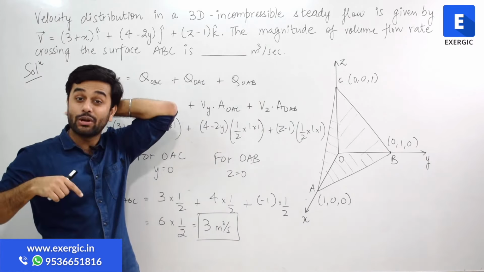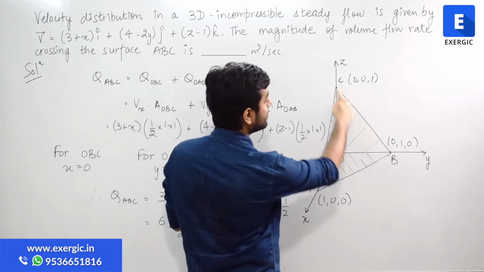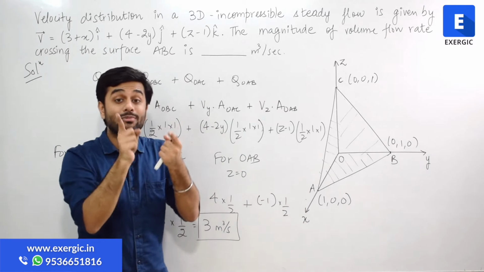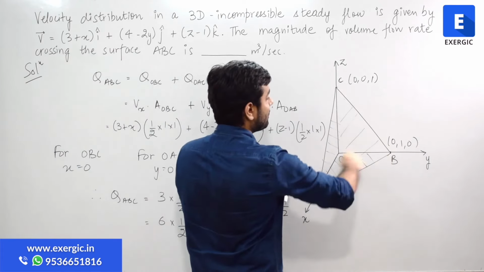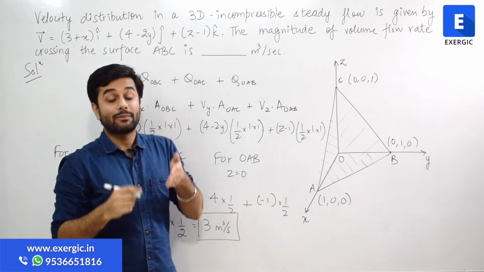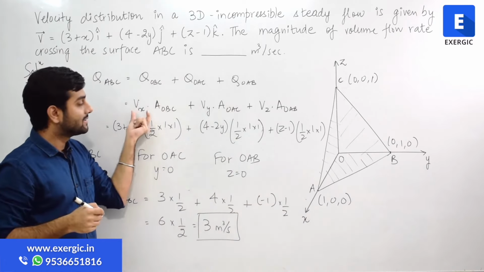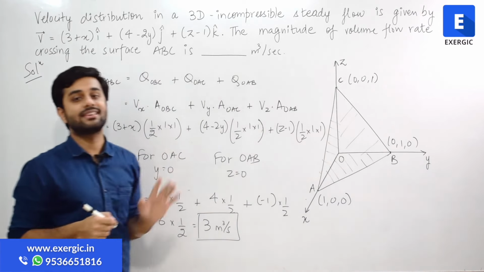And Q through OBC will be equal to the area of OBC multiplied by the velocity along X direction, because the velocity crossing the OBC plane perpendicularly will be along X. So Vx will be passing through area OBC.